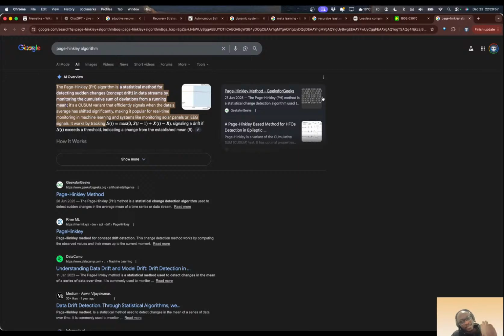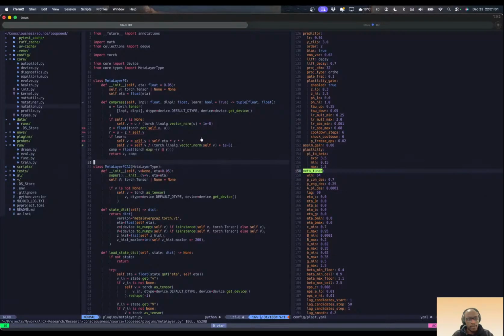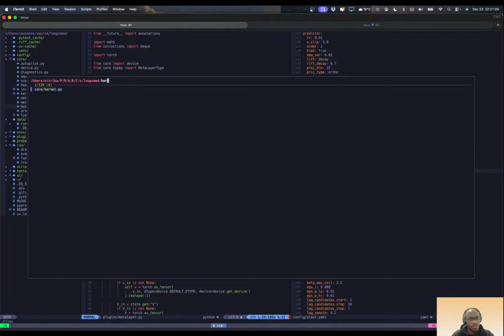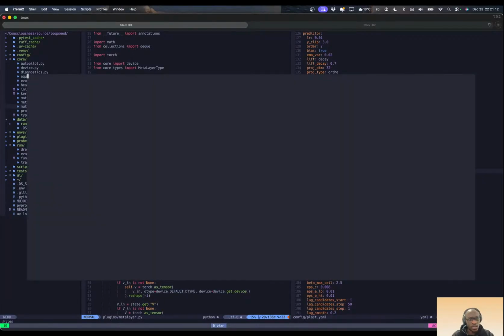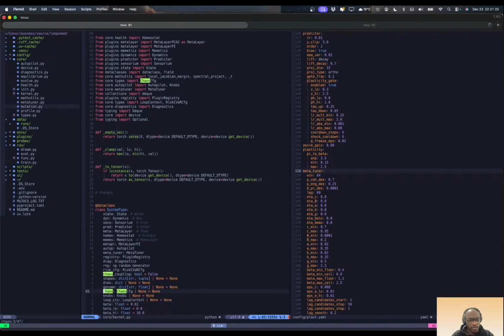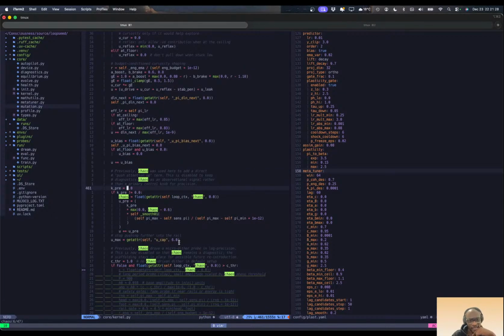I could show you an example of this in the code. In the kernel, we have chaos somewhere. Hopefully, yes, we do. So this is where chaos is computed.